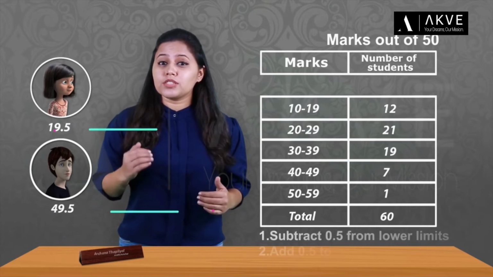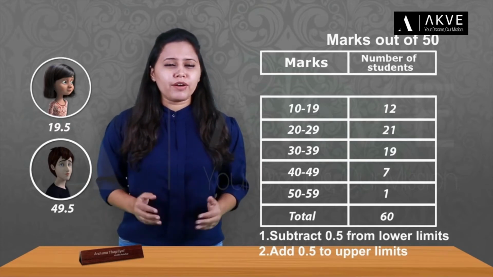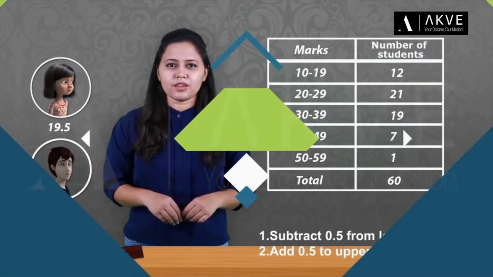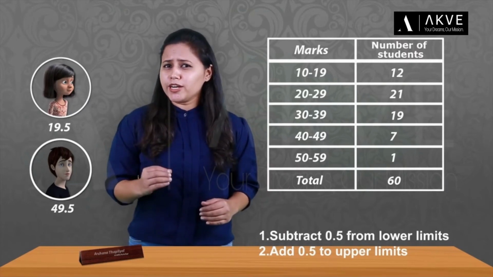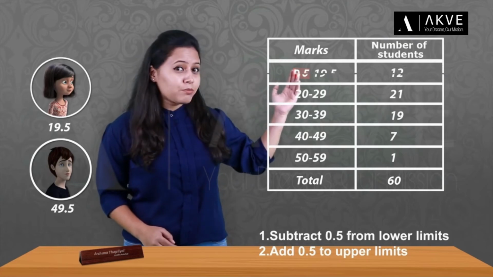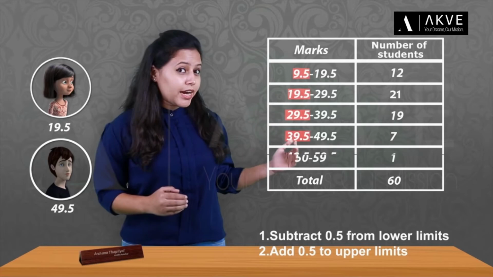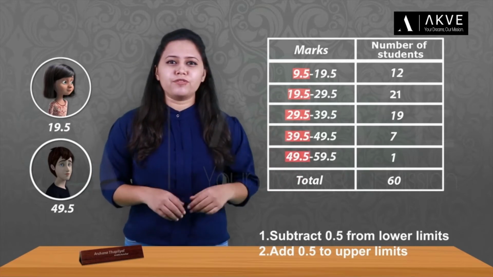Now we just have to subtract 0.5 from each of the lower limits and add 0.5 to each of the upper limits. So, subtracting 0.5 from each of the lower limits changes them to 9.5, 19.5, 29.5, 39.5 and 49.5.